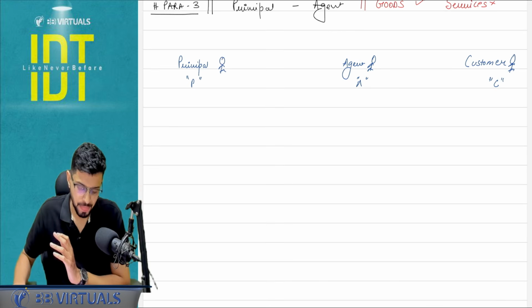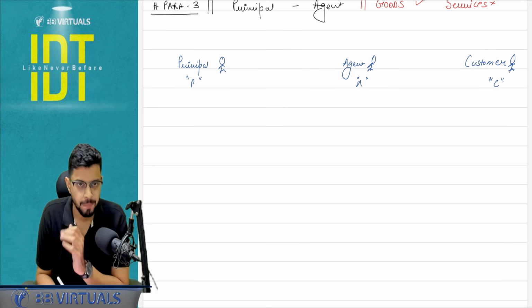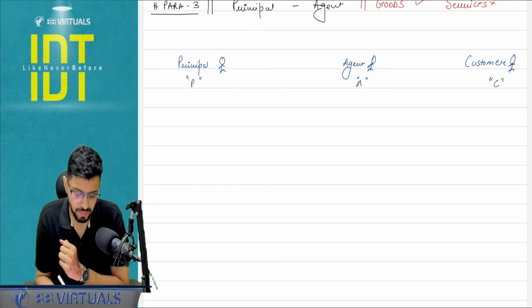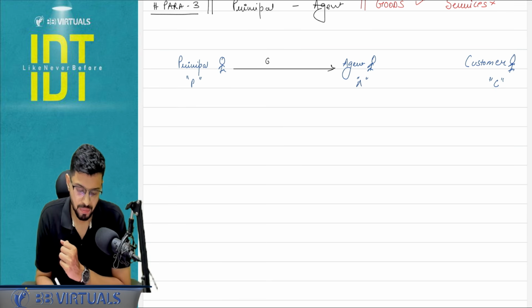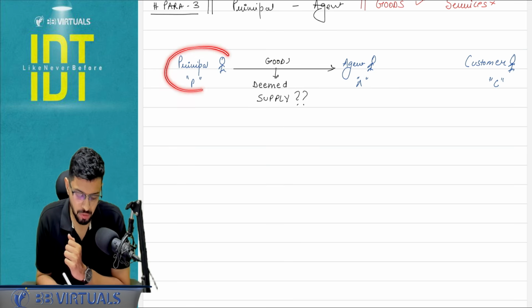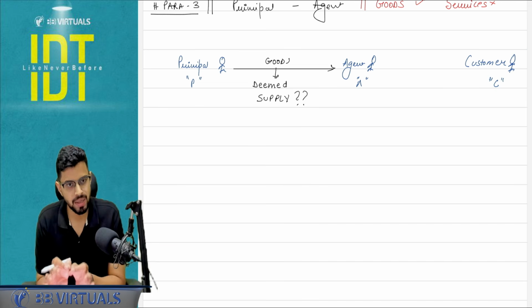Simple case. I'm selling certain goods through an agent. The evaluation is happening in the context of whether the transaction between P and A needs to be put under deemed supply or not.